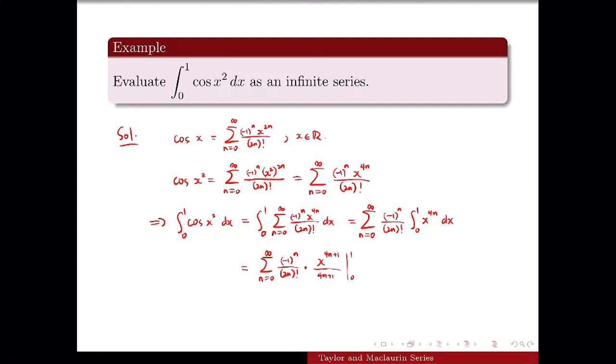So this will just be the sum, negative 1 to the n over quantity 2n factorial times 4n plus 1, and from 0 to plus infinity. Okay?